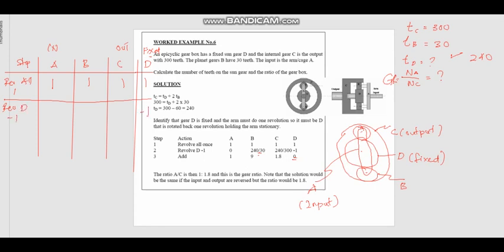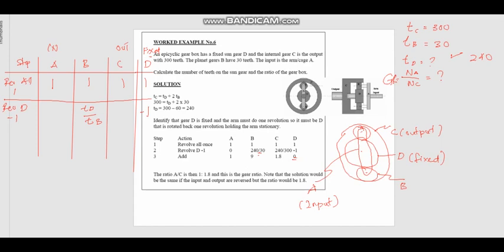Right? So D meshes with B. So every time one rotation of D will result in rotation of B by how much? By TD, which is the driver, over TB. And in terms of orientation, since this is an external gear that meshes with each other, if D is clockwise, B is the opposite.